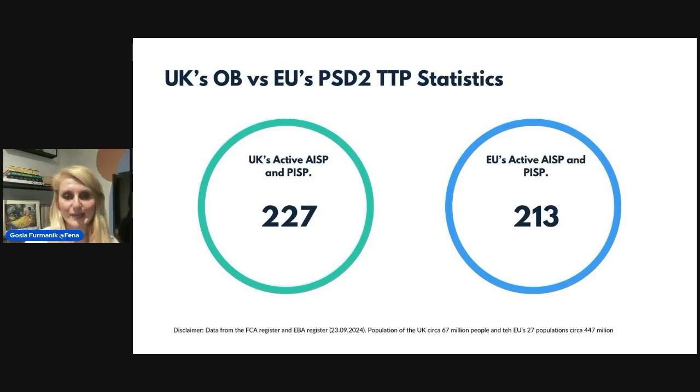And in the UK, we currently have, as of 2 days ago, 227 businesses registered with an active license. So we can assume that they want to utilize open banking within their solutions. And in the entire EU27, with a population 8 times that of the UK, we have only 213 registered businesses with active licenses.